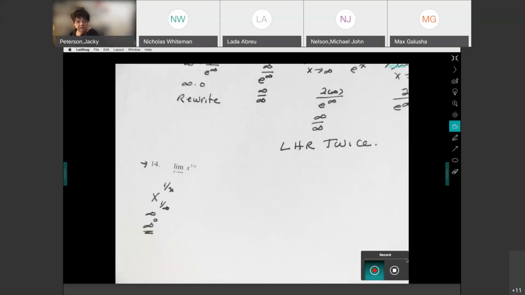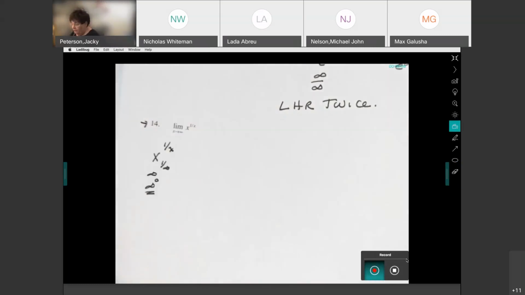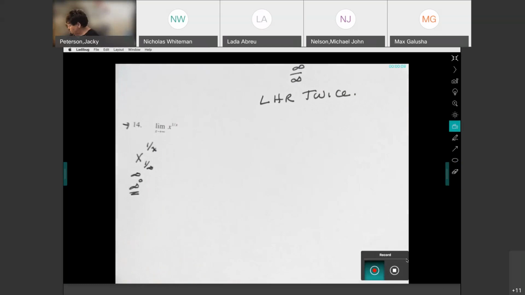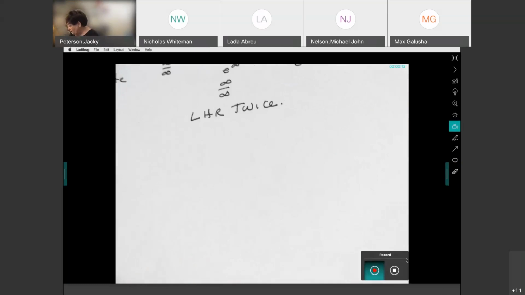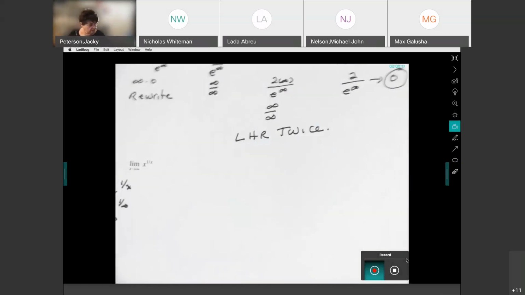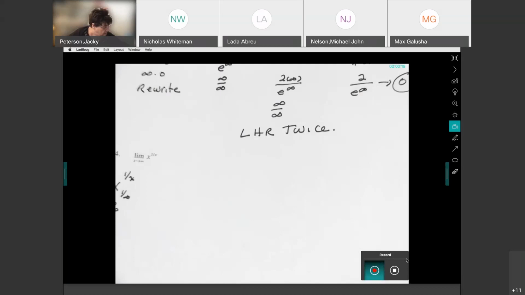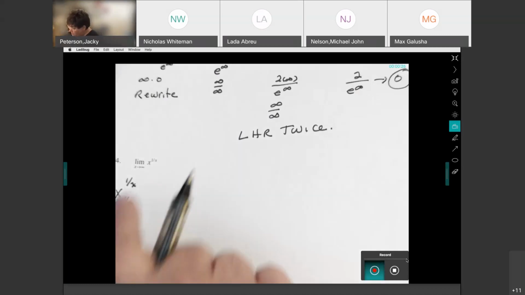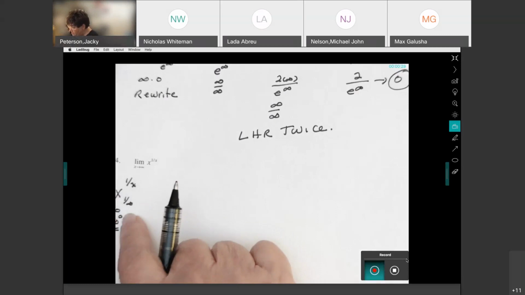So this is the problem that was left. And I kind of left it for today because it's kind of different than what you're used to. And this is an infinity to the zero form.